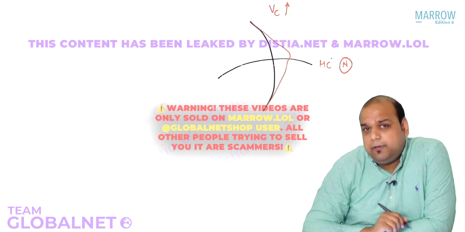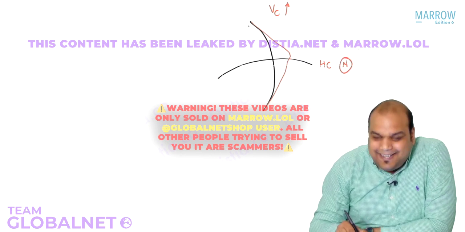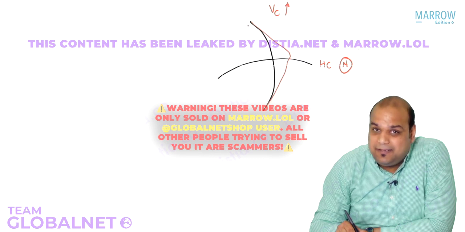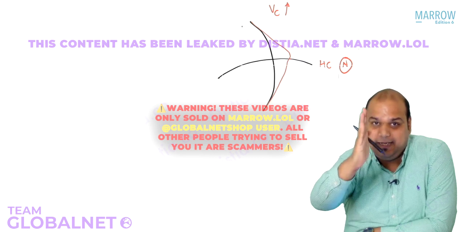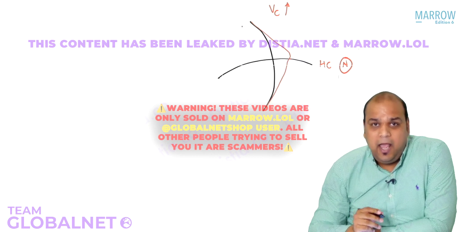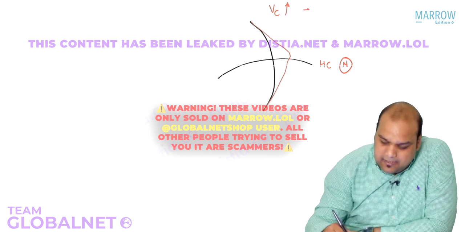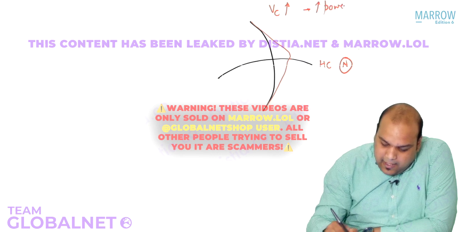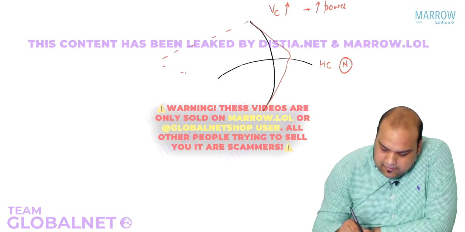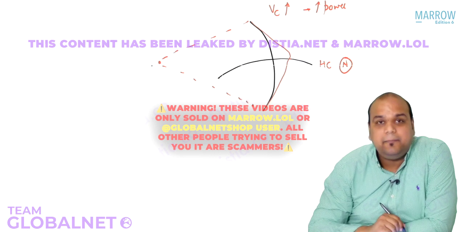Now what is going to occur, everybody? All the light rays that are getting refracted from the vertical curvature are going to get refracted with a higher curvature. Higher curvature means higher power. Higher power means all the light rays will converge in front of the retina.